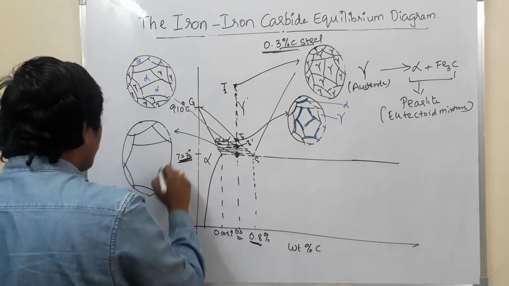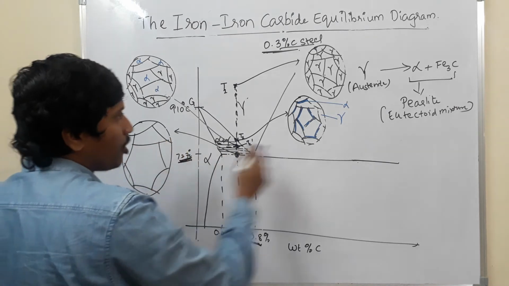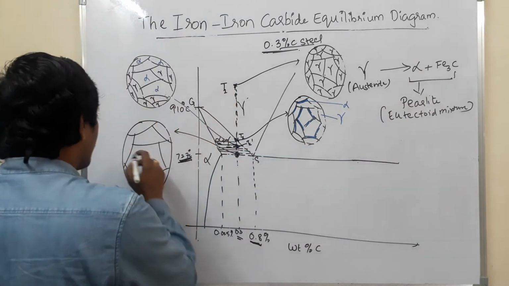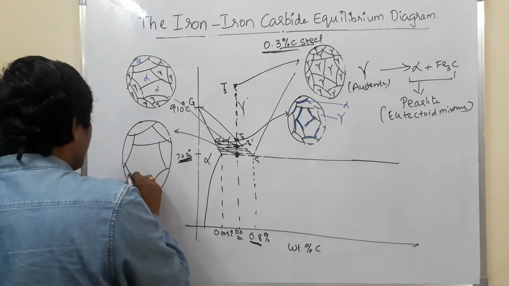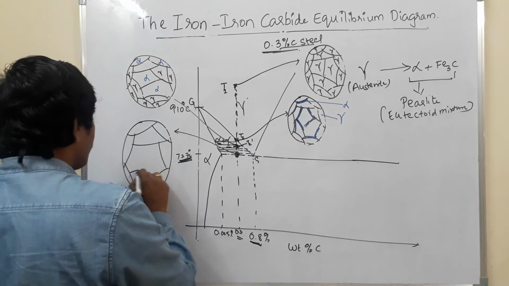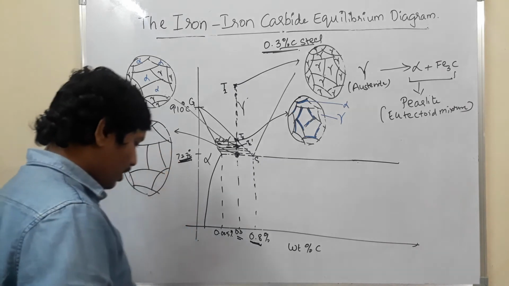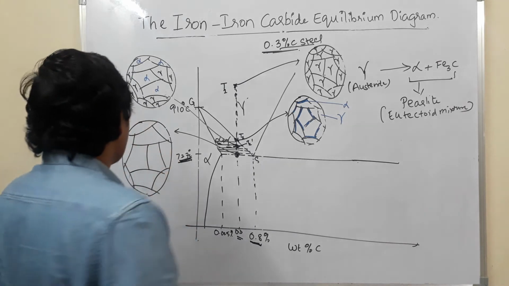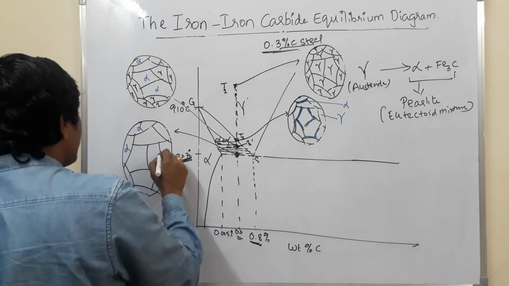What is pearlite? Pearlite is a eutectoid mixture of ferrite and cementite, a matrix of ferrite and cementite. This portion is pro-eutectoid ferrite.